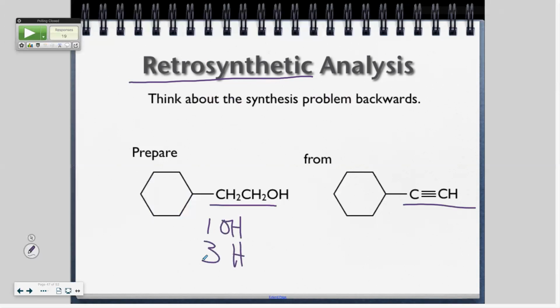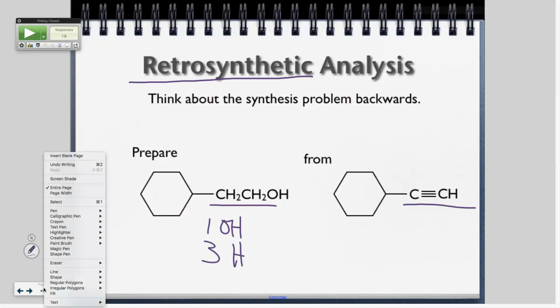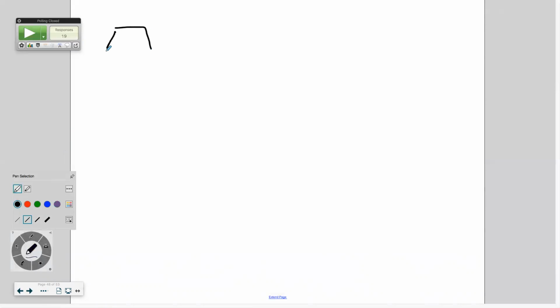One OH and 3 hydrogens. Okay. How do you know to add an OH onto a compound? You know, a couple good ways. All right, hang on, I'm gonna make a blank page so that I can write. There ain't enough room on that thing.